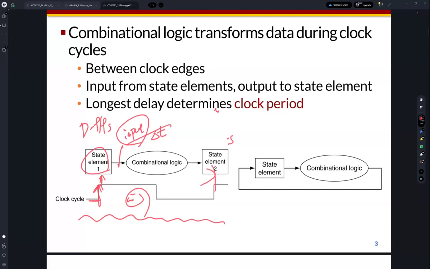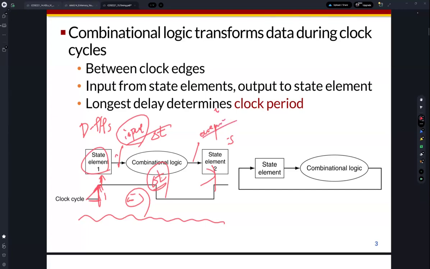So those input signals start at the rising edge of clock, and after some delay, output signals are generated from the combinational logic. And this is the output signal.